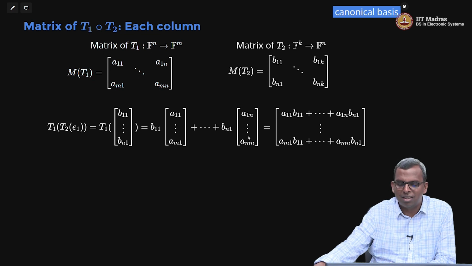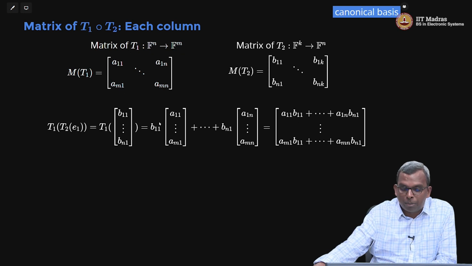Okay, I hope that is clear. So, that is what this T1 of T2 of E1 is, and now you can multiply it out and add it up, and you will get A11 B11 plus so on till A1n Bn1, then the last row will also be like that. Okay. So, I hope this is clear.